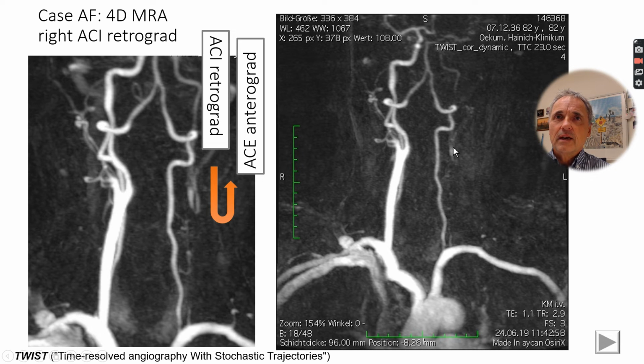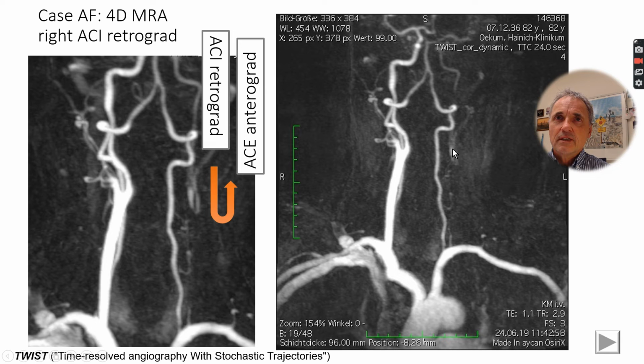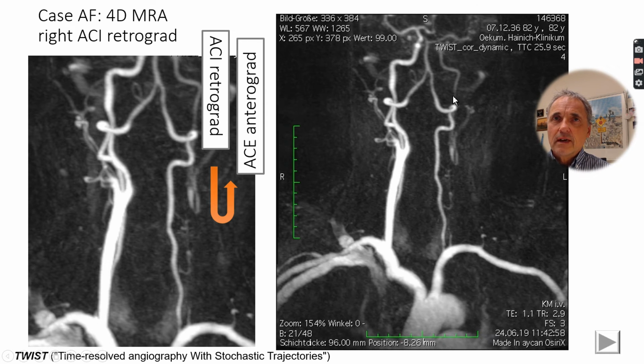It flows retrograde to the bifurcation and makes a U-turn, and the blood supply goes into the external carotid artery in antegrade direction, with a reverse flow from the basilar artery, the posterior communicating artery, down the internal carotid with a U-turn, with complete lack of common carotid artery.